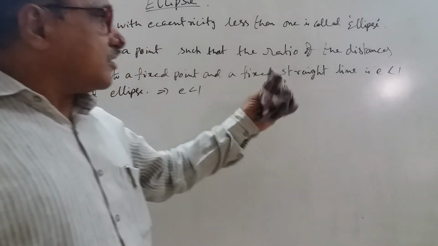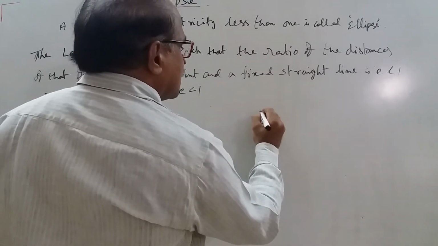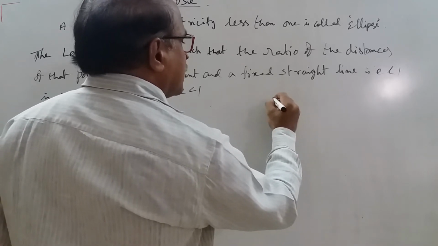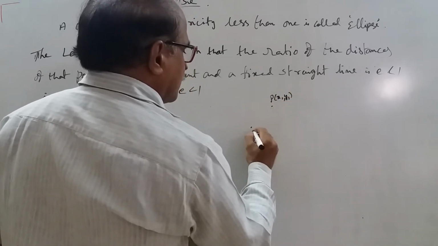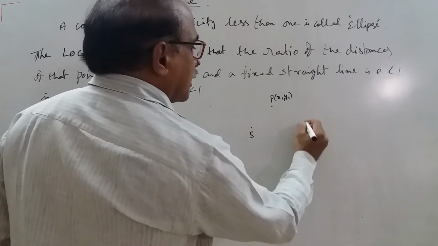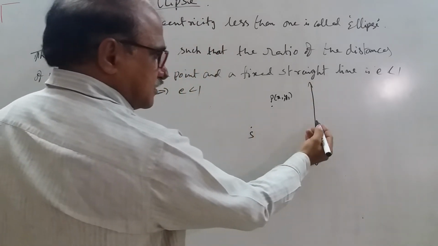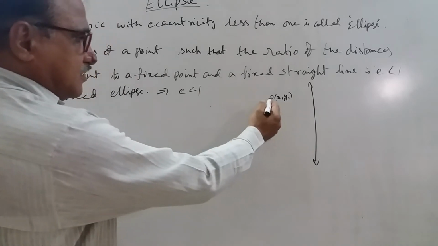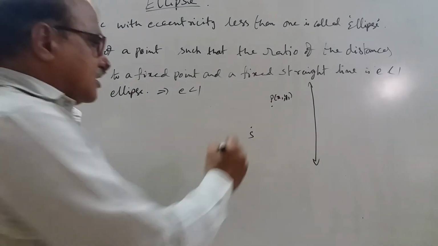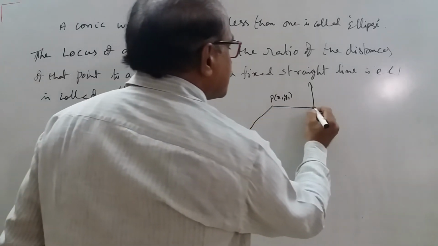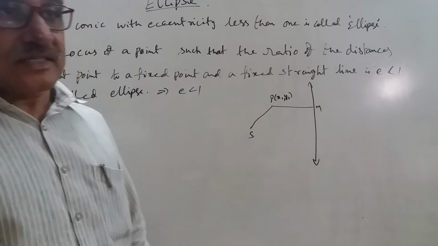Okay, that fixed ratio, that is, if we draw a figure, let this be a fixed point S and a fixed straight line, and this is P, x1, y1, the locus of points such that the ratio of the distances, suppose this is M, SP is to PM is equal to E, that is less than 1.